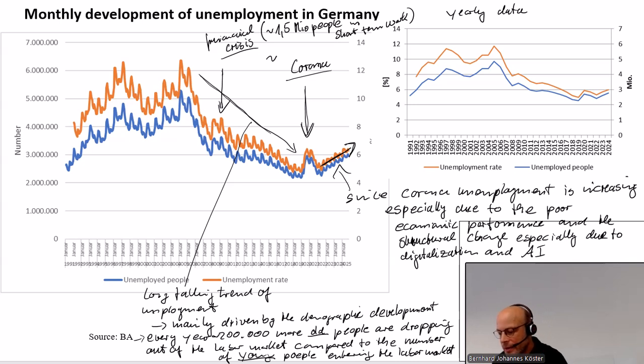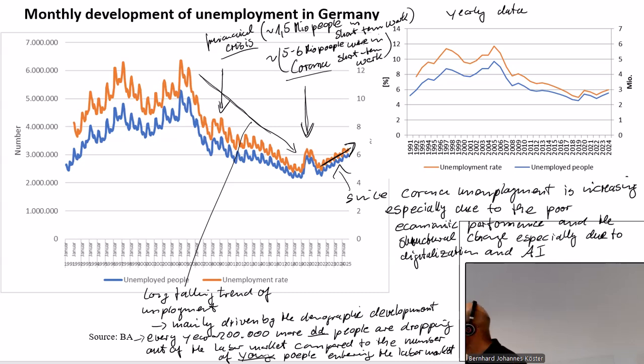And in this time, even 5 to 6 million people were in short-term work. So this is a very significant example where you can say, well, what do these numbers really mean? Because we more or less just define unemployment away by saying, well, the people economically are not working, but we do not define them as unemployed.